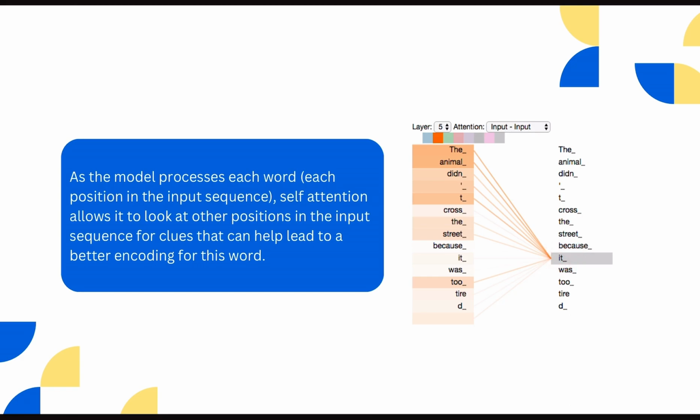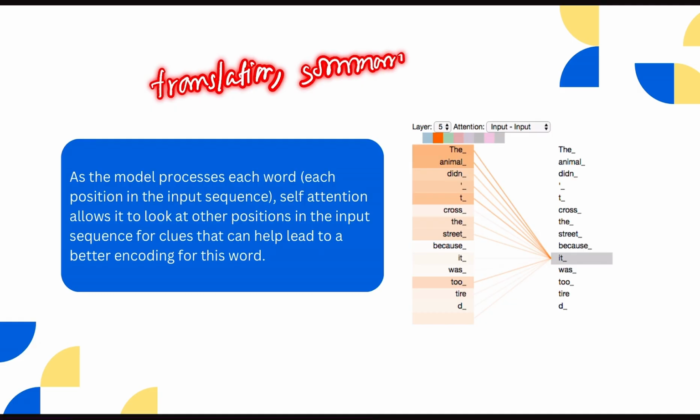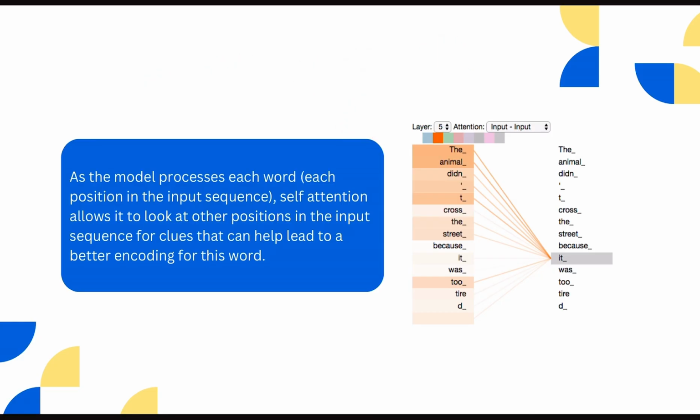This is crucial for tasks like translation, summarization, and question answering systems. In all of these cases, understanding the relationship between word and key is important. Word is the key.